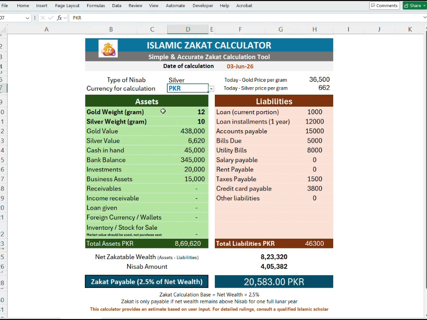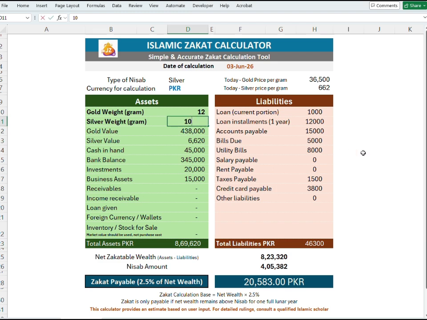Now let's move to the assets section. First, we enter gold weight in grams. For example, 1 tola of gold equals approximately 12 grams. So if you have 1 tola, you enter 12 grams. Next is silver weight. In this example, we entered 10 grams.